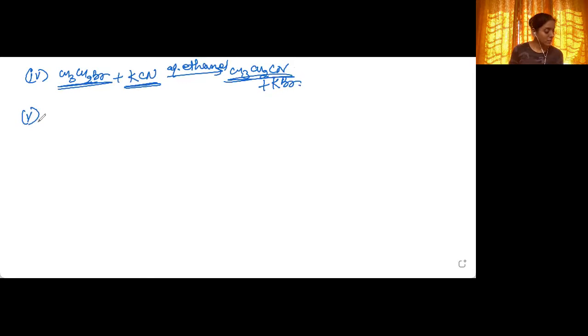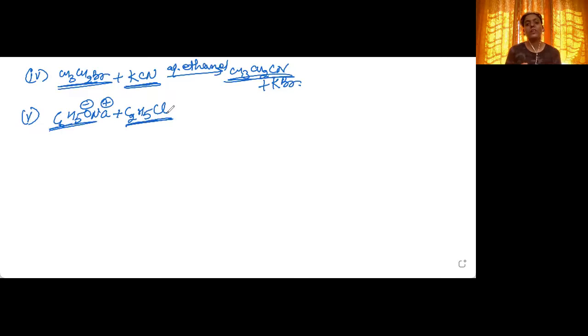Then there is C6H5ONa plus C2H5Cl. This is actually a named reaction that appears in ethers, for the preparation of ethers. Now, this is a nucleophile because oxygen has a negative charge, and this is an alkyl halide molecule.